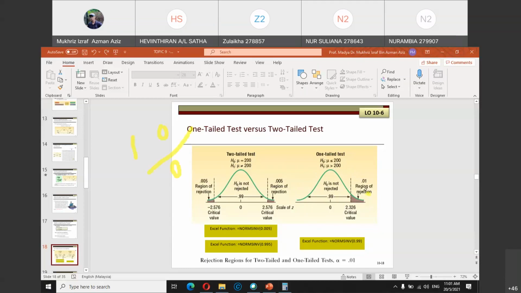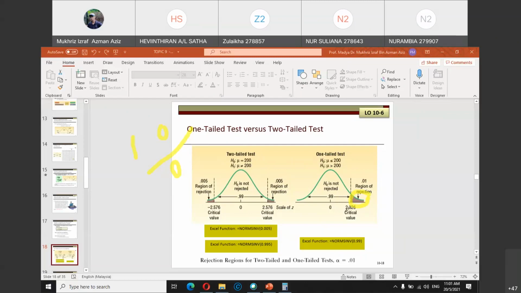So now this area is 0.01, not 0.005. Why did we get 0.005? Because we split into 2, because it's a two-tail test. But when it is a one-tail test, the whole area is on the right side, so the area of rejection on the right should be equal to the alpha value, which is 0.01. That leaves the rest of the area to be 0.99.